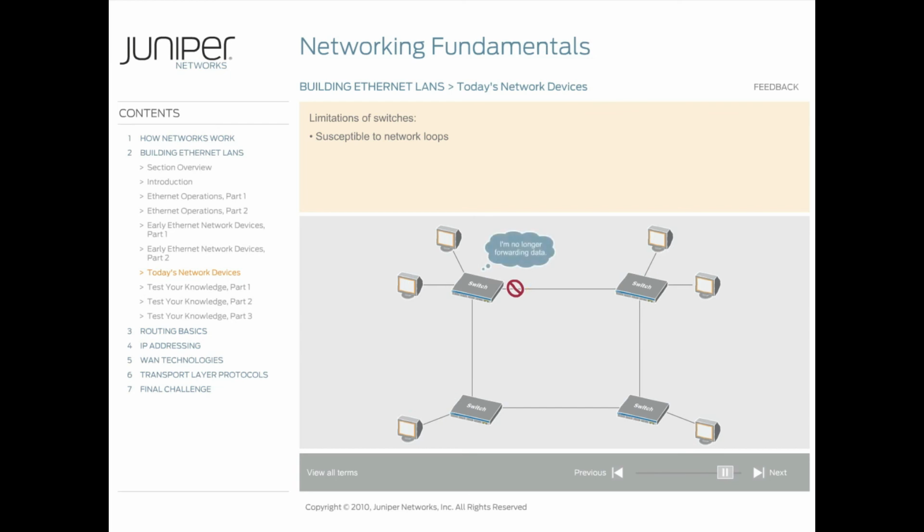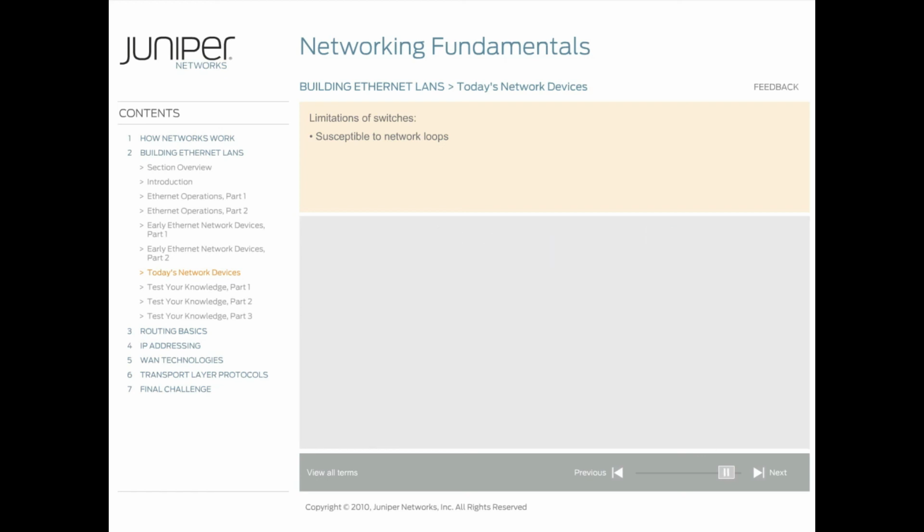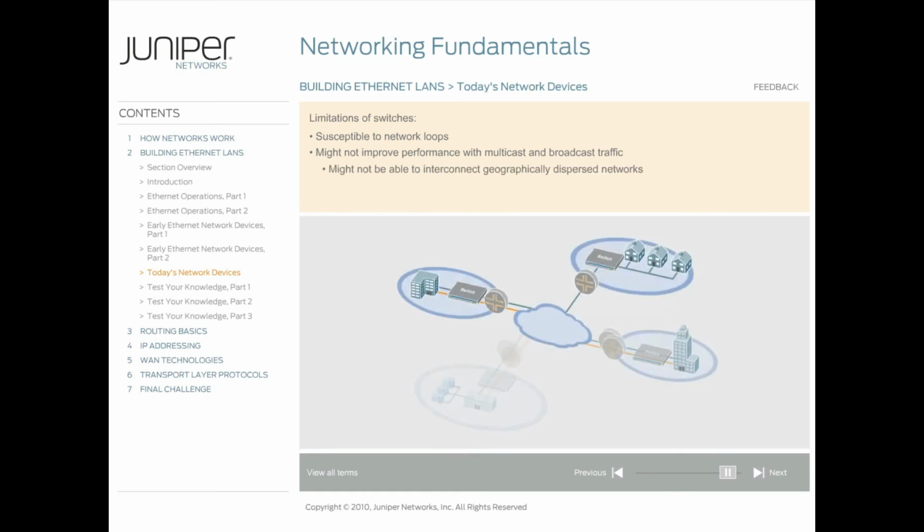Like bridges, switches also use the Spanning Tree Protocol, or STP, to prevent network loops. Likewise, switched Ethernet networks might not improve performance if a network has a lot of multicast and broadcast traffic. Finally, Ethernet switches might not be able to interconnect geographically dispersed networks. To solve these problems, a different network device called a router is required.